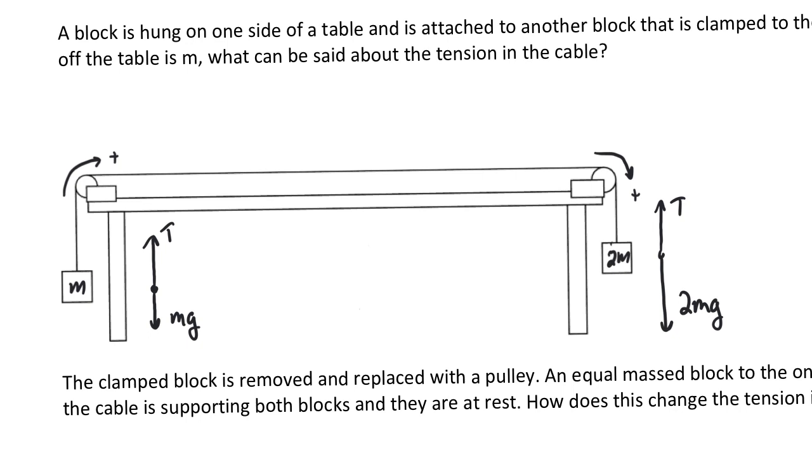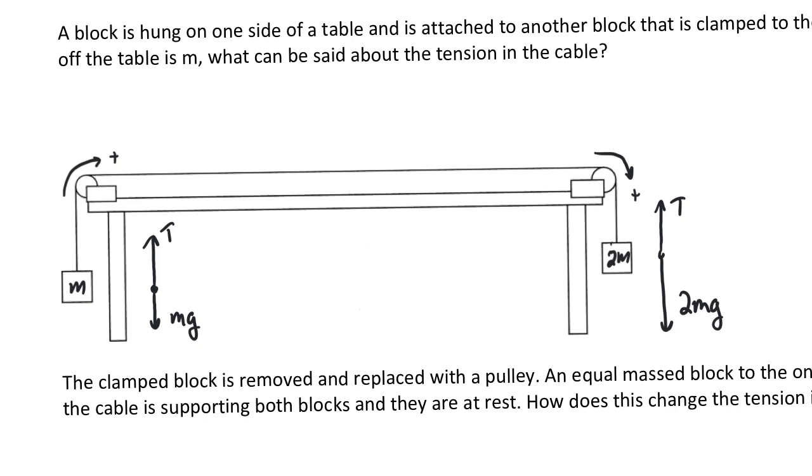Now that alone tells me that the tension is greater than the weight of one of the blocks, because it has to be enough to accelerate that block upwards, but not so much that it prevents the 2mg block from accelerating downwards. So that answers the question, but the question wanted a derivation, so we're going to continue.